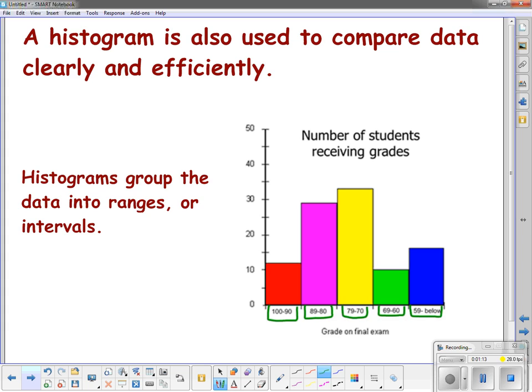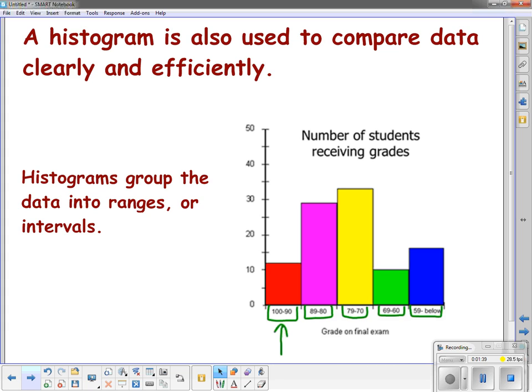In this case, we're talking about an entire range from 100 all the way to 90. So that could be 100, 99, 98, 97, 96, 95, 94, 93, 92, 91, or 90. So any grades within that range would fall into this group, which this red bar is representing.